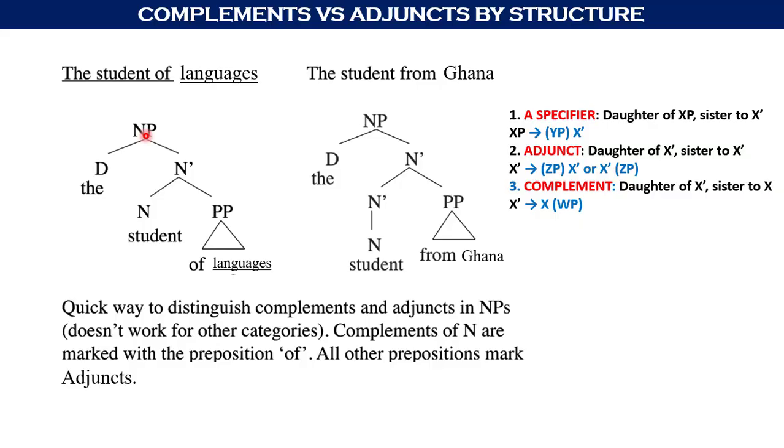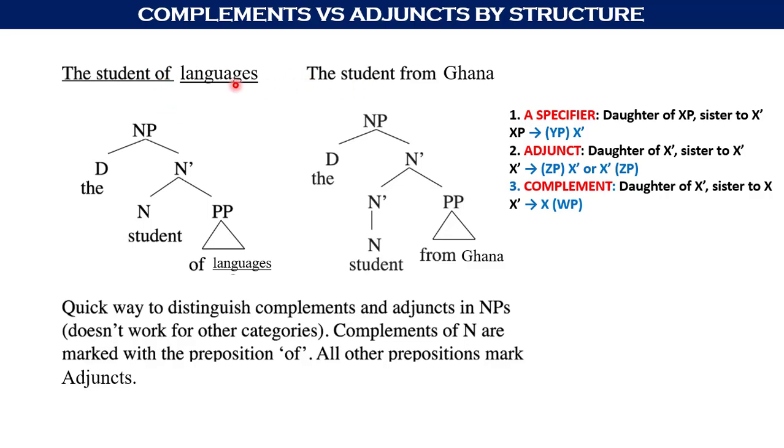In this noun phrase, the specifier, which is the, is a daughter of the noun phrase and a sister of the N-bar. The same thing we have here. The specifier is a daughter of the phrase and a sister to the N-bar. Take notes.